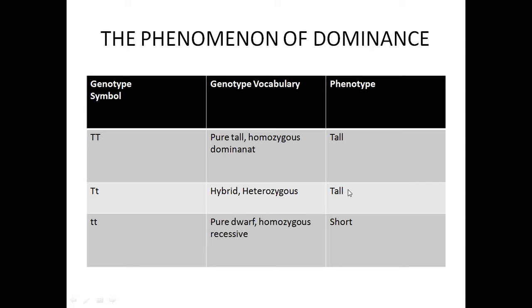So this tall character is the dominant character, and this is the dwarf plant with small t, in homozygous condition. So the character which you can see here is the short plant.